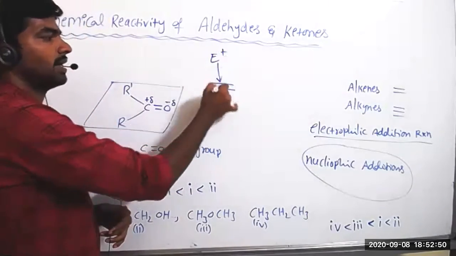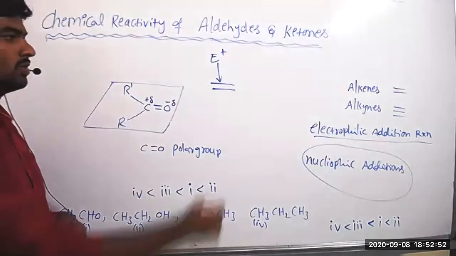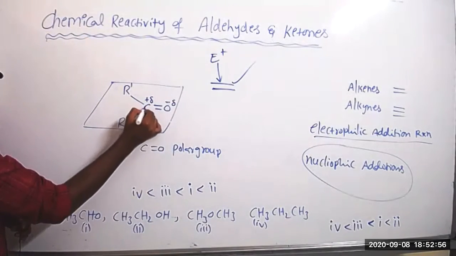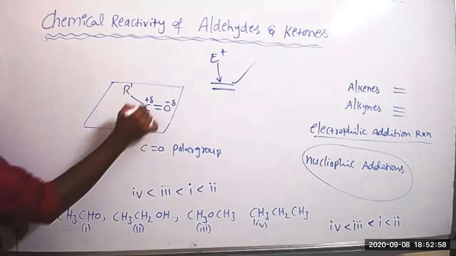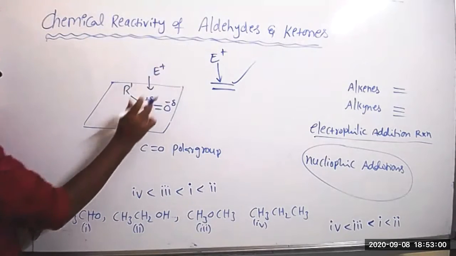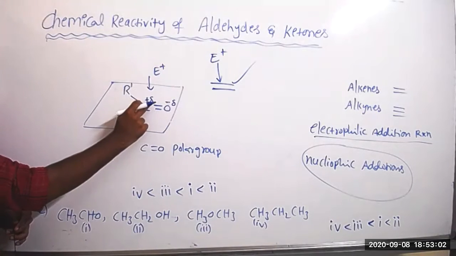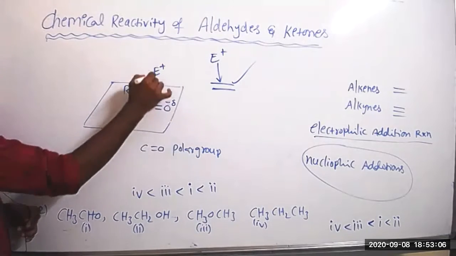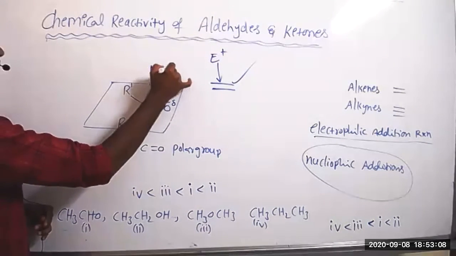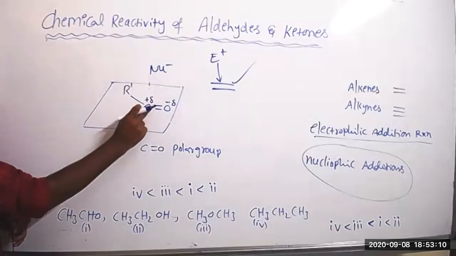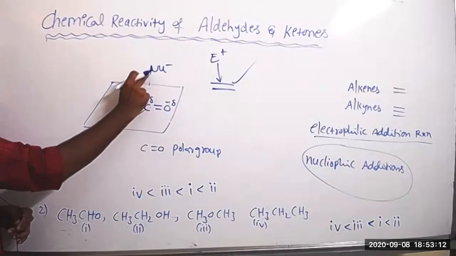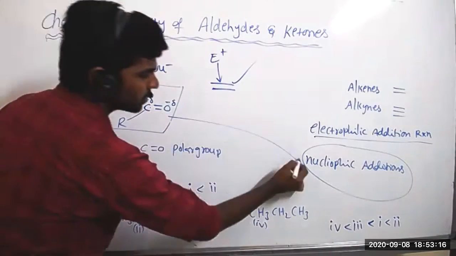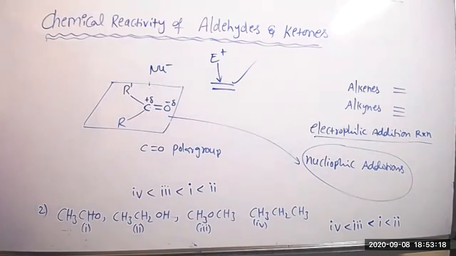But in carbonyl compounds, carbon has positive charge, so an electrophile cannot attach because it is already positive. Only a nucleophile can attach, because it is electron rich and carbon is electron poor. So a bond is possible between nucleophile and carbon. That's why carbonyl compounds involve in nucleophilic addition reactions.